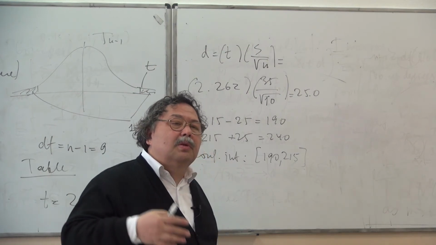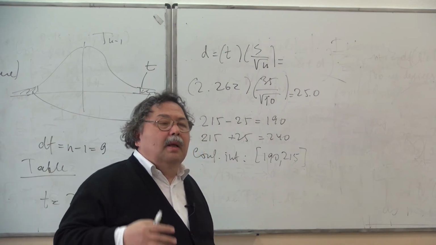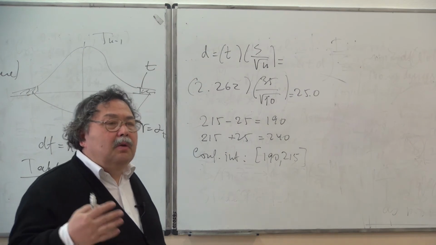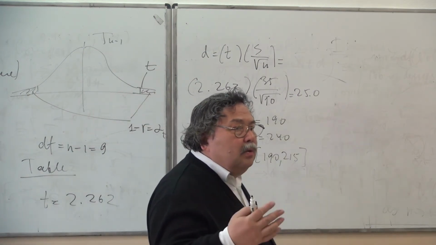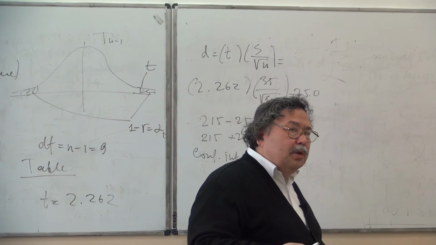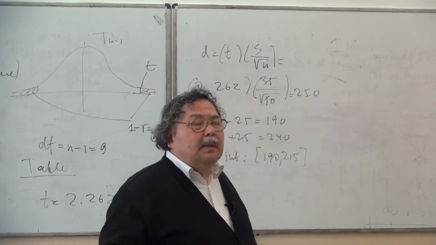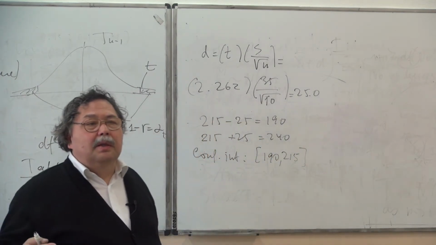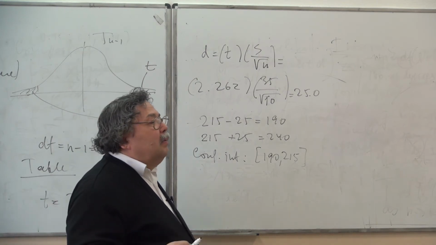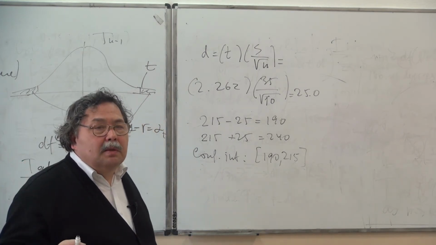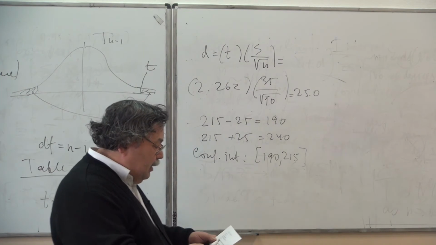The t distribution is the exact one. If the sample is large enough, the normal distribution is a good and appropriate approximation for it. But here the sample is not large. It's just 10 points. Would it be a big mistake to use the normal distribution here? All right, let's compare.